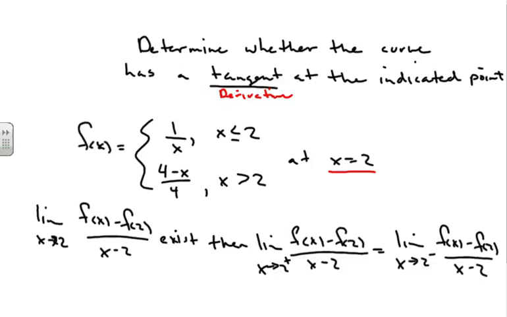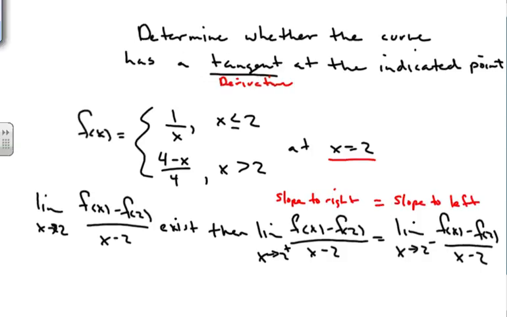Once again, this is the alternate form of the definition of derivative, which is a slope. So remember, the slope to the right of 2 has to equal the slope to the left. Without further ado, let's see if we can figure this out.